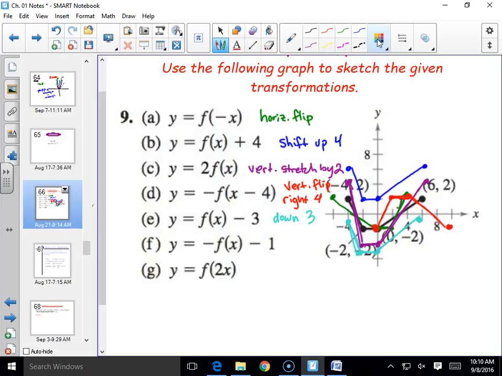The reflection is about the x-axis. If we go down 1 and then flip, we're not reflecting in the x-axis. We're doing it out of order. If you want to think PEMDAS, it's going to be smarter to deal with multiplication and then shift.